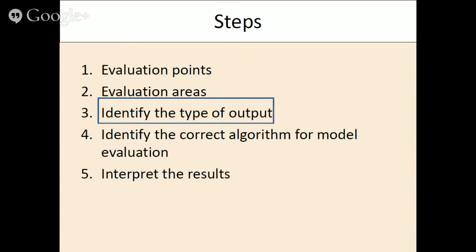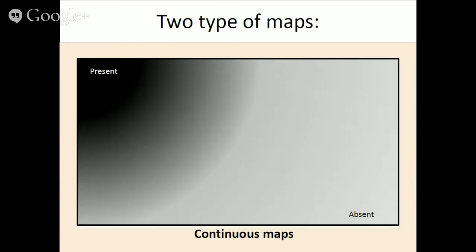So let's talk a bit about the output. We could have two kinds of outputs. The first one could be a continuous map, in which we have continuous values, from high values related to the presence of the species, to low values where we do not have the environmental combination, or the combination is too far from the observed values.